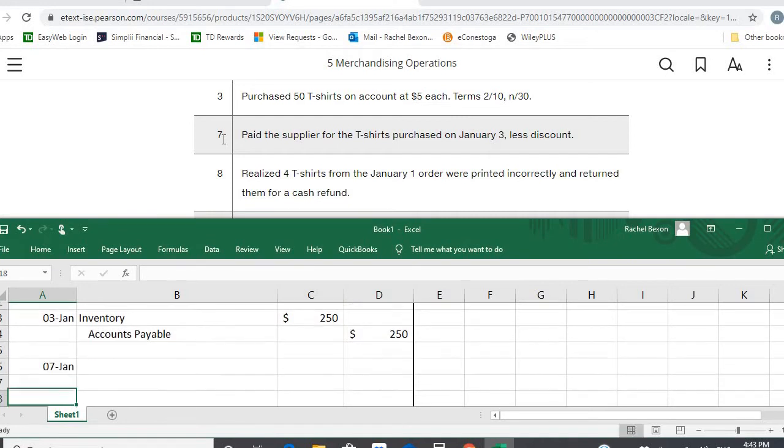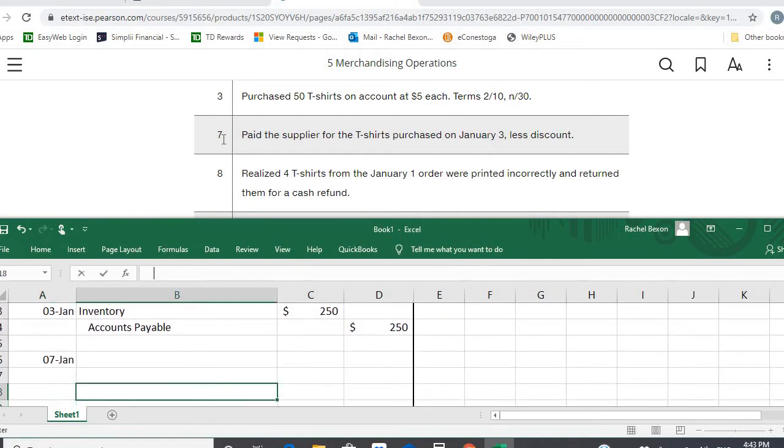So on January 7th, we record a transaction where we pay cash. The amount of cash we're going to pay is the $250 that we owe minus a 2% discount. Now there's a few ways you could calculate this. You could calculate the price being $250, calculate the discount as equal to 2%.